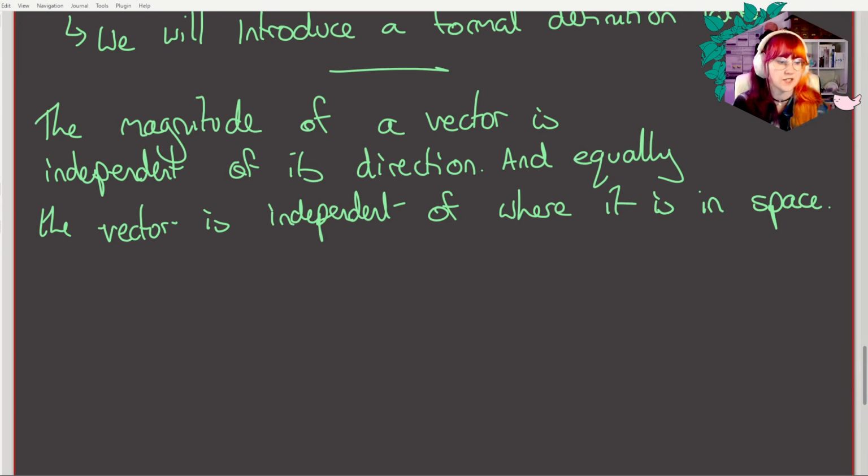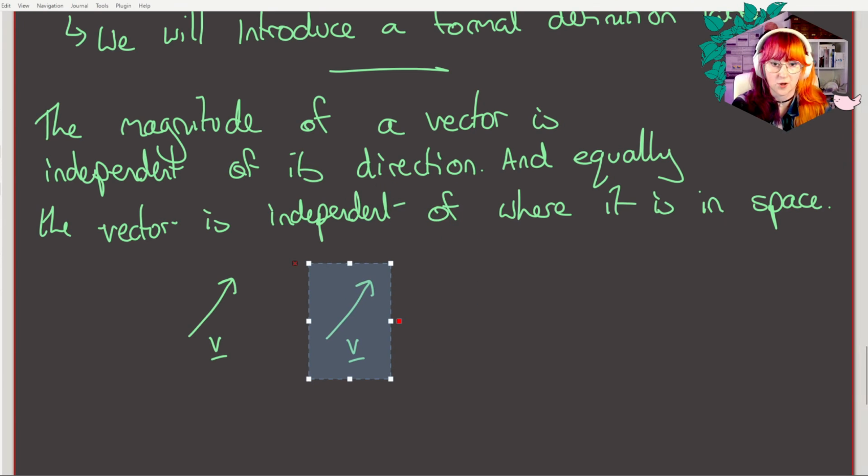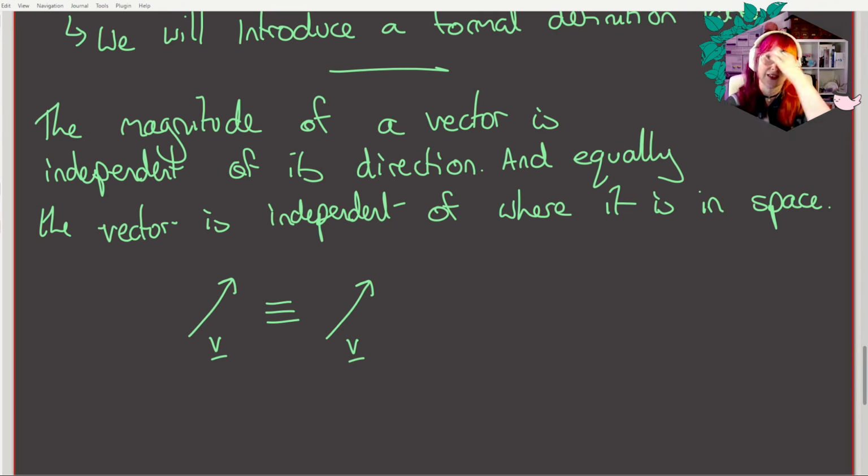So I said that we normally define position vectors in terms of from the origin to a point, but if I shifted the entire thing across in space, so say I have my vector here, v, and I take v and I copy it and I plonk it there, that vector is the same because they have the same size and they have the same direction.